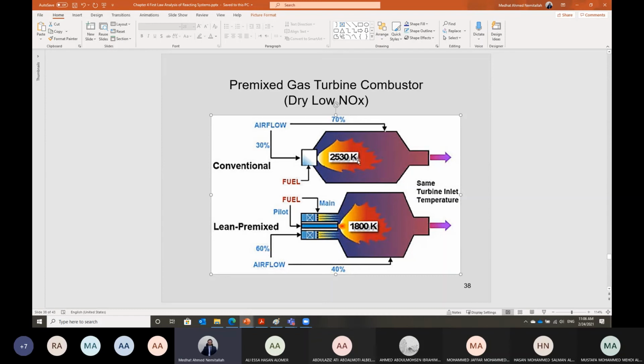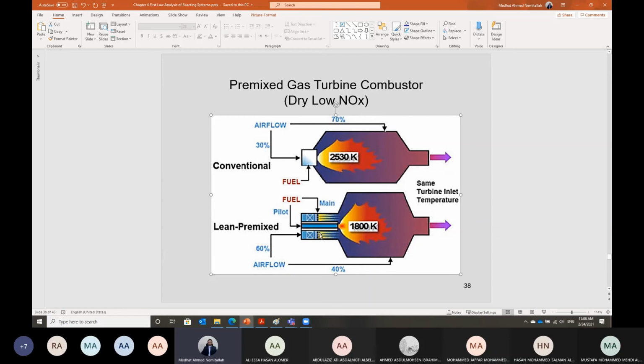But usually, guys, if you went outside, you will find most of the gas turbines are conventional gas turbines, which are diffusion, which result in high temperature. Because the flame in this case is very stable. Under part load, under full load, under any load, you will find this flame is highly stable due to the high temperature combustion.